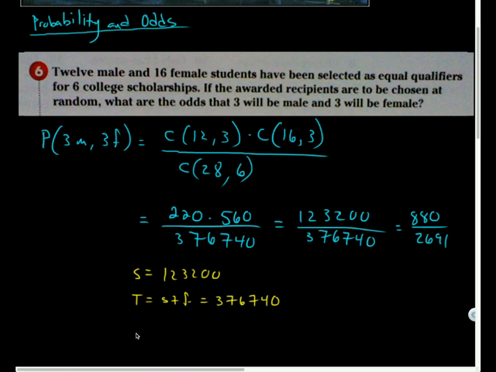So if I'm going to figure out odds, I'm going to have to figure out what F is. And the way I would do that is by taking S here, plugging it in here, and subtracting it from both sides. So F is just going to be the 376,740 minus the 123,200.